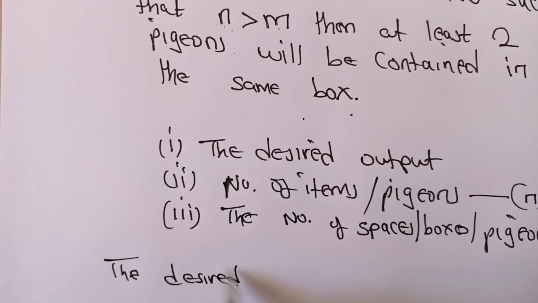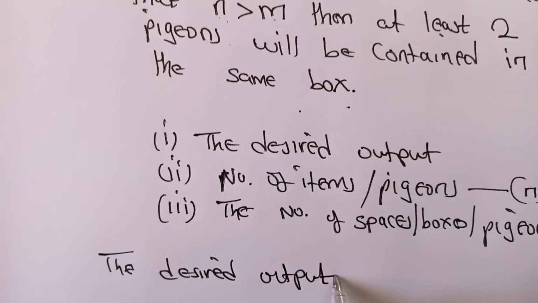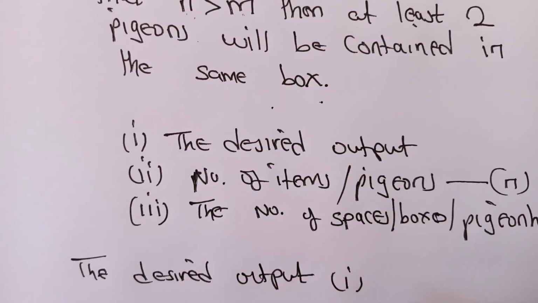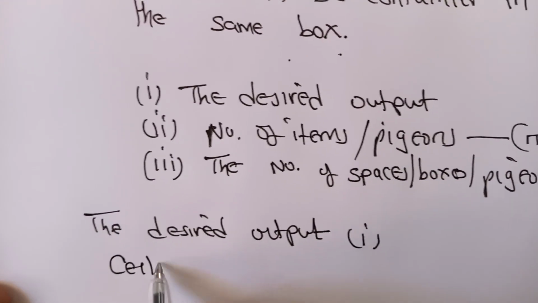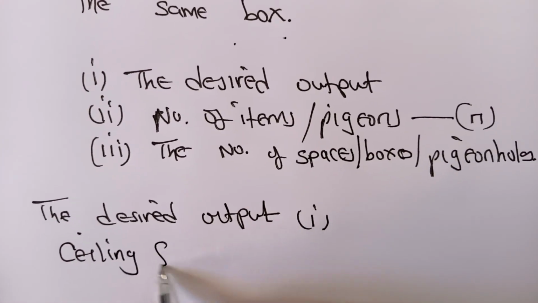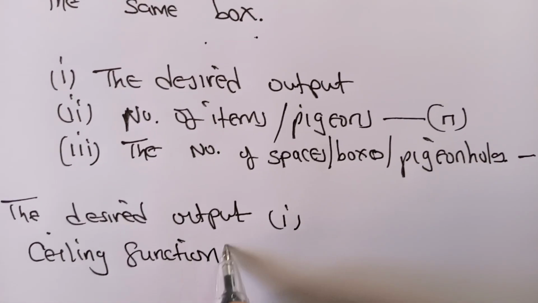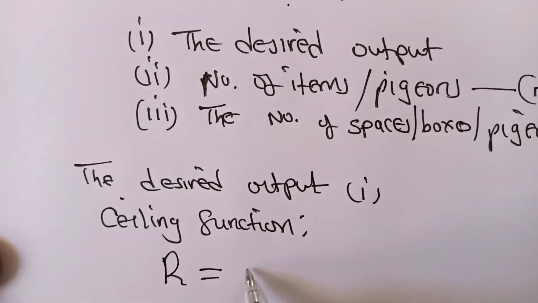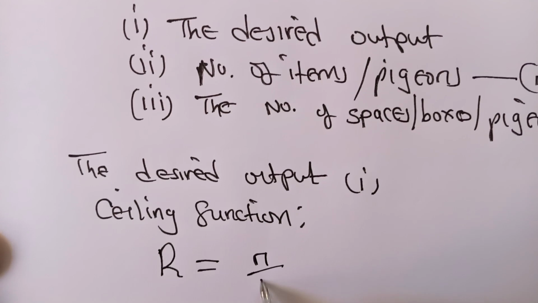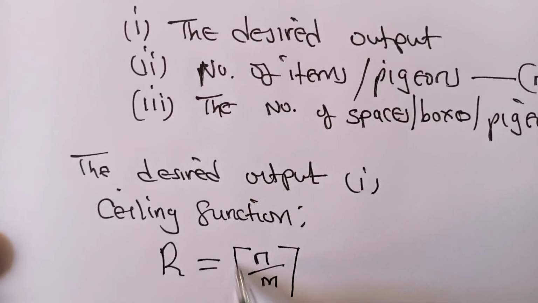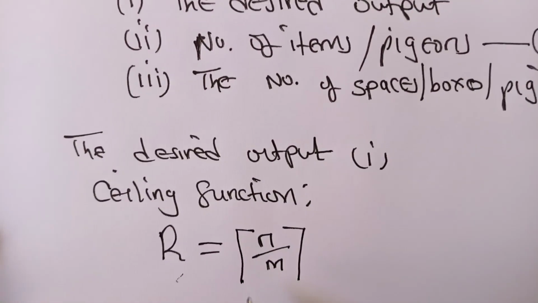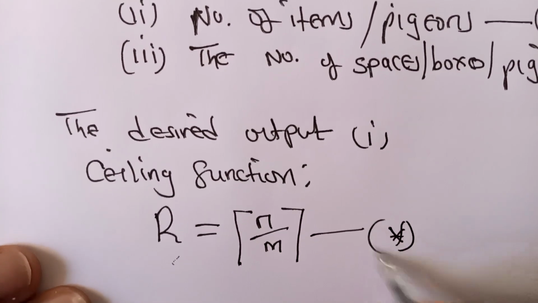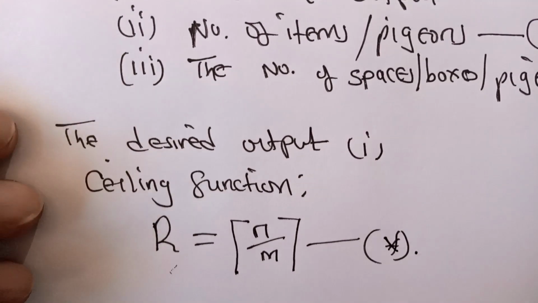Note the desired output in 1 is defined as the ceiling function, which is given by r is equal to the ceiling of n over m.